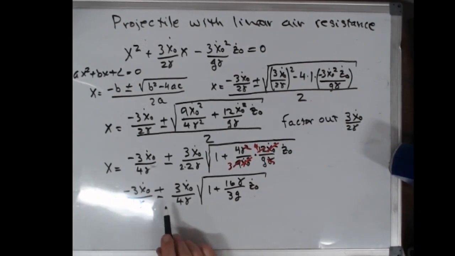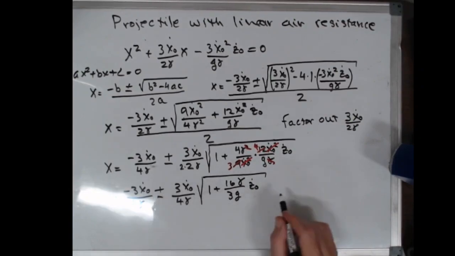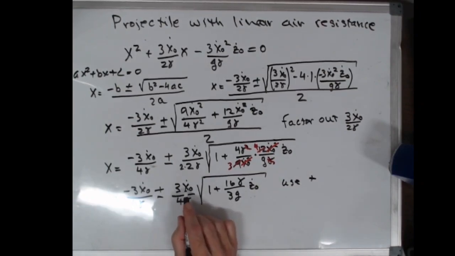And so this is actually a simplifiable thing. Since gamma is small, by choosing gamma small enough, I can make this term small relative to this term, and I can use a binomial expansion on this piece and get an algebraically simple form that I can manipulate. Also, I'm going to use the plus because all these terms are positive.